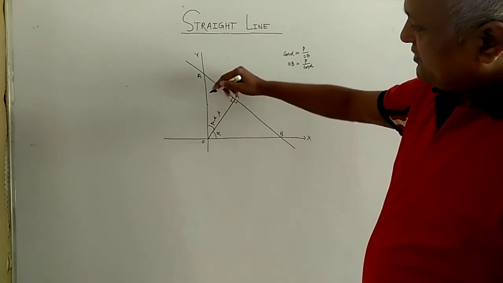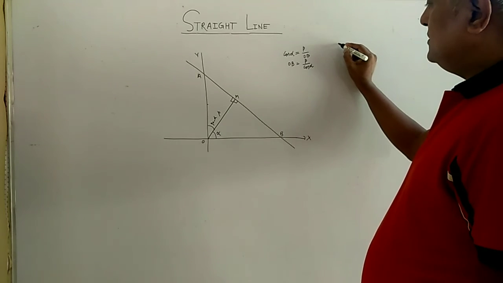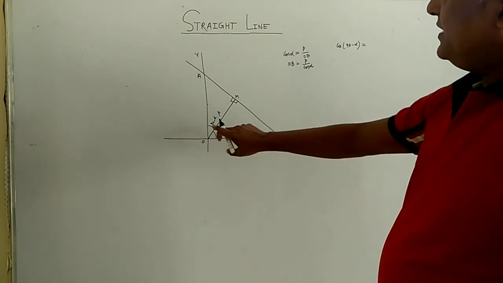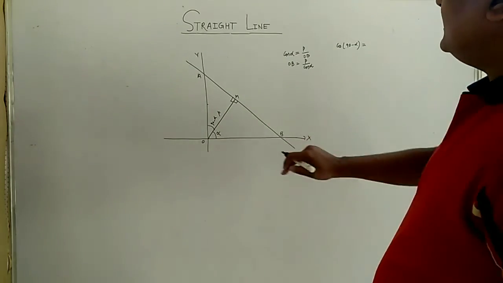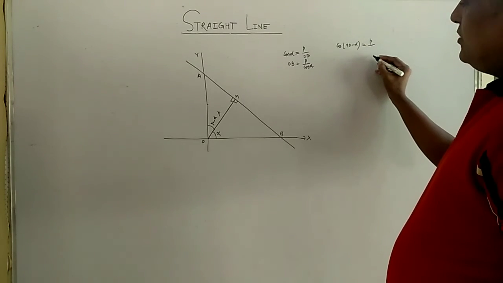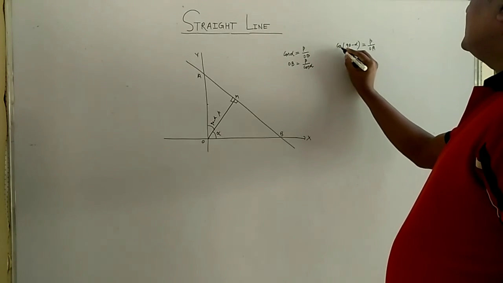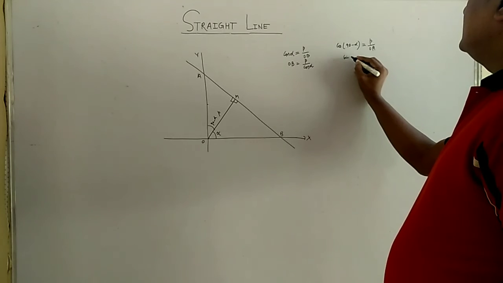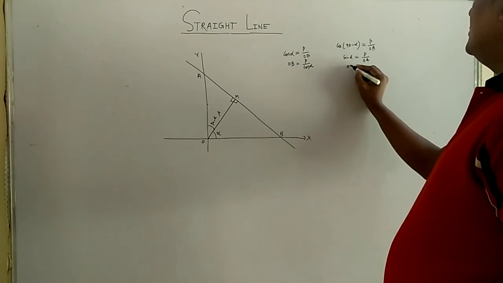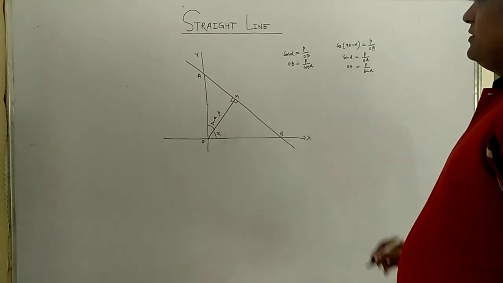For this angle I need to find OA, and this is adjacent, so again I use cos. Cos of 90 minus alpha is, for this, adjacent is P and hypotenuse is OA. So cos 90 minus alpha, which is sin alpha, is P over OA. So OA equal to P over sin alpha.